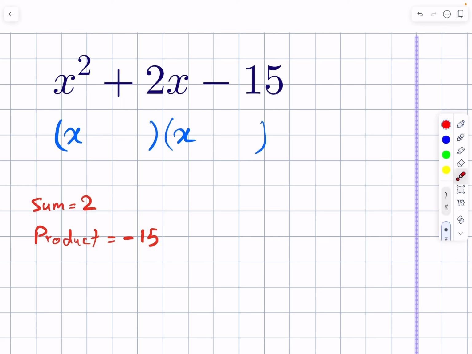Since the two numbers multiply to -15, one number must be positive and the other negative, so that they multiply to a negative number. The two numbers will be +5 and -3, because 5 minus 3 is 2, and 5 multiplied by -3 is -15.